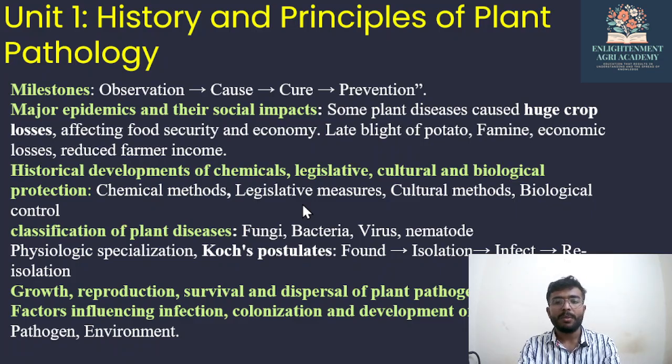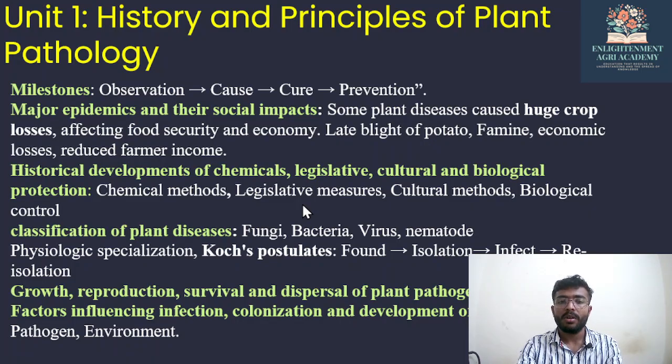As an example, in 1845 the late blight of potato caused the famine in Ireland, and 1 million people died. In India, in 1943, there was the Bengal famine due to Helminthosporium oryzae, which affected rice. That caused huge losses to farmers and food scarcity at that time.